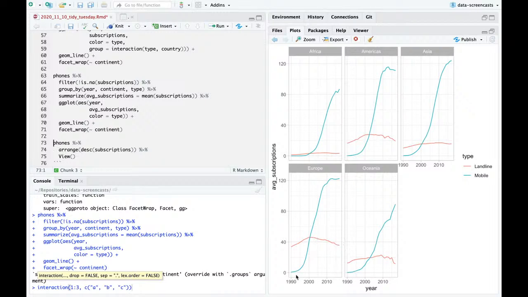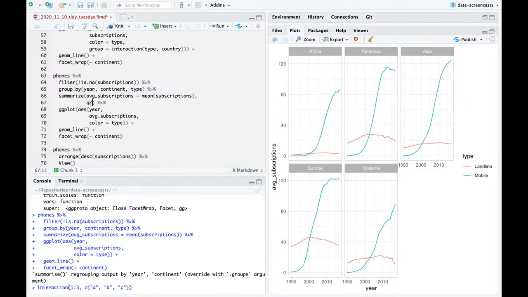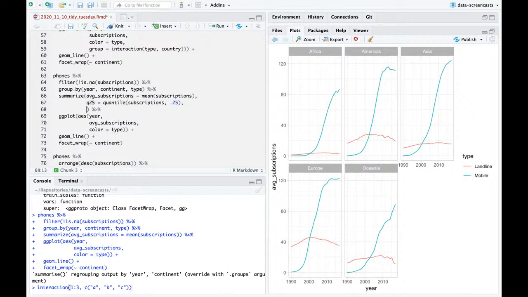This is pretty neat. And you know, I can actually get bounds for this, like what are the quantiles within each. If I do a summarize and say Q25 is quantile subscriptions 0.25, Q75. I could have done this with the box plot too.